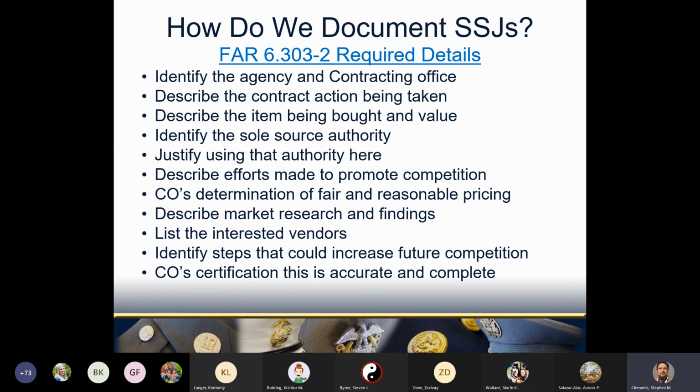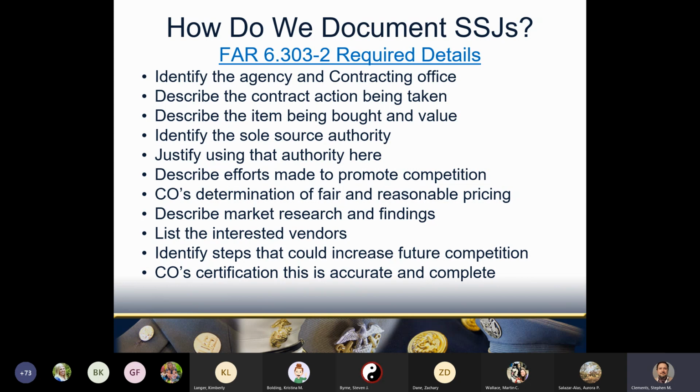And you describe your market research and findings because, again, market research is our duty, and we need to do it all the time. Even if you think you're just going to sole source it, make sure that you've covered your bases. If you have a list of interested vendors, like folks you've spoken with or you have knowledge of that have identified themselves as being interested in this, make a note of that.